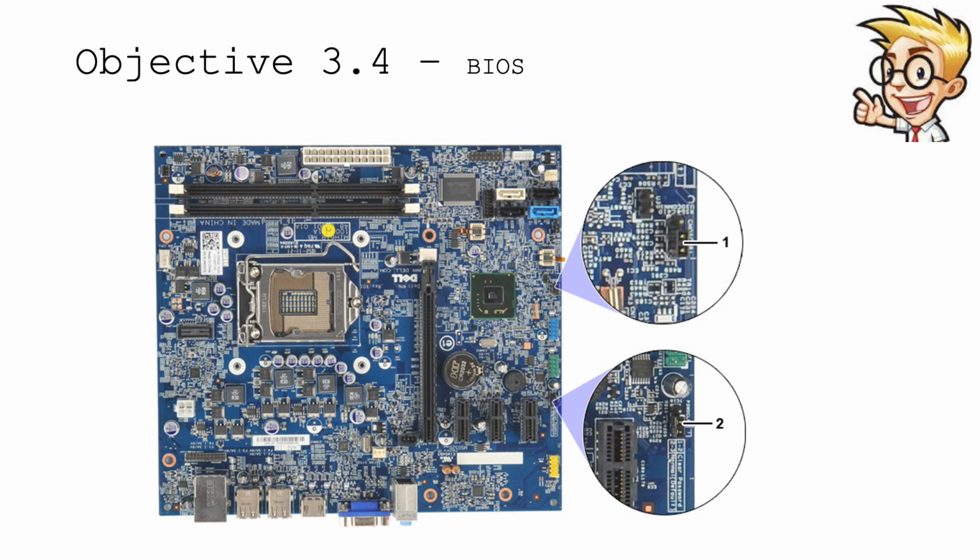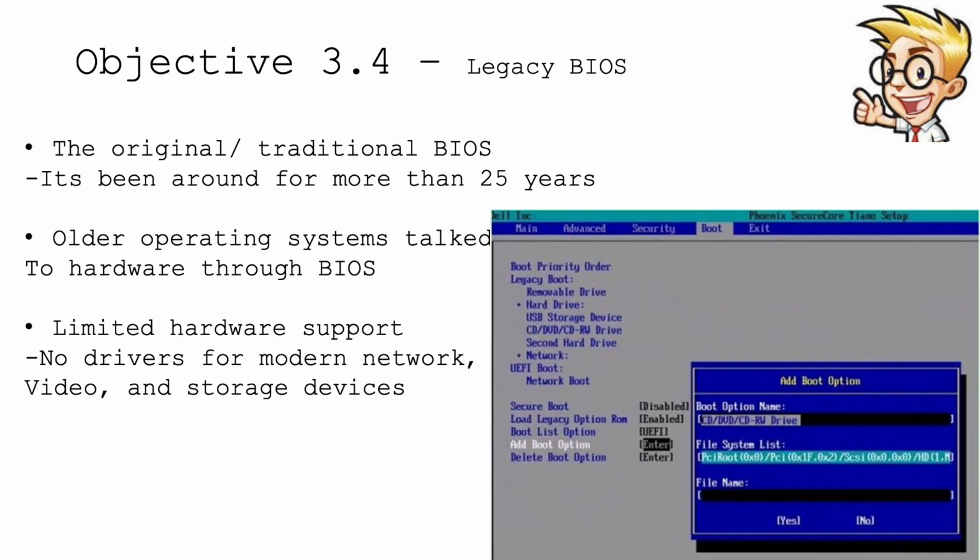If you're working on older computers, you might have a text-based BIOS. These are called legacy BIOS, and they've been around for about 25 years or more. Most older operating systems use these legacy BIOS. Here's a screenshot of what a legacy BIOS looks like.